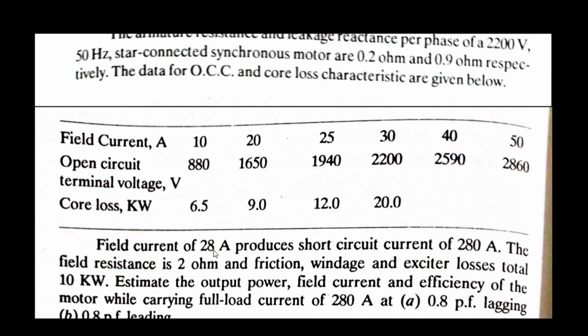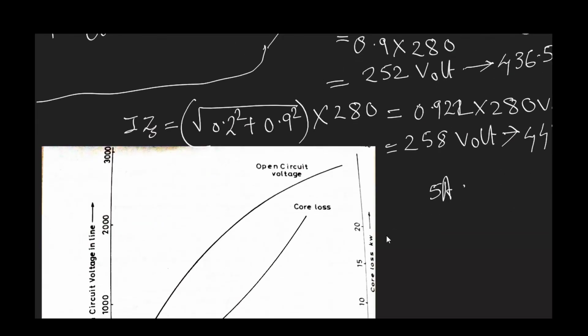This is the total amount of field current, 28 ampere, in which 5 ampere is consumed to produce the short circuit armature voltage, so that it can circulate the full load current through your circuit. So the remaining amount is 28 minus 5, which is equal to 23 ampere. Correct? Now, if this is 23 ampere, then the rest of the thing is very simple.